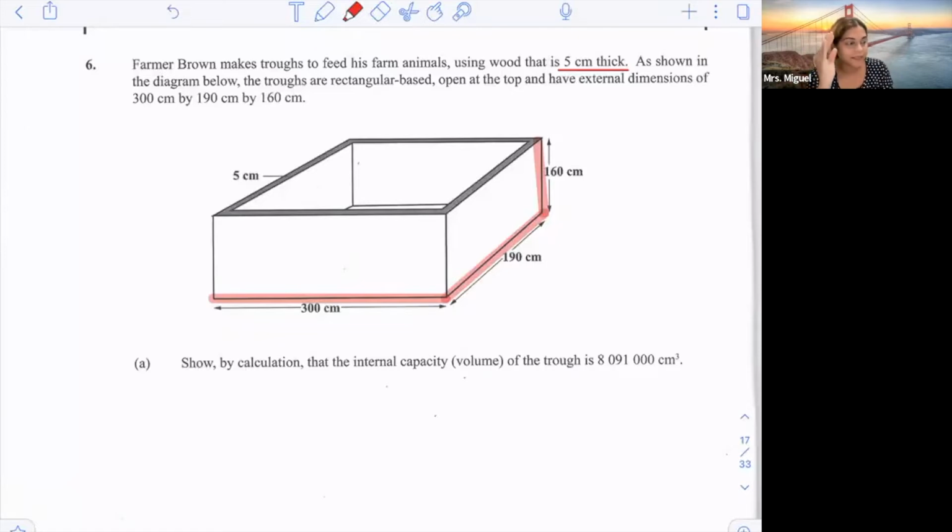Now, let us be realistic. That is all made up of rectangles, length by breadth, right? We need to find the internal length, the internal height, and the internal width. So it is like we have a box.